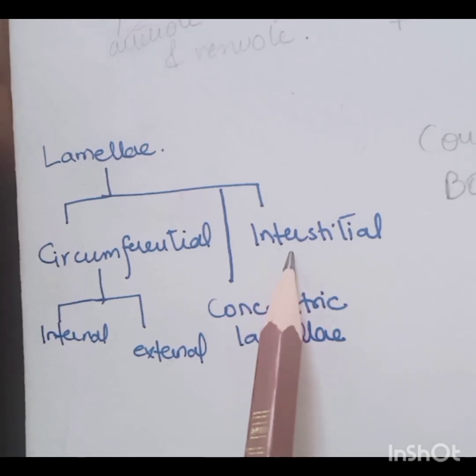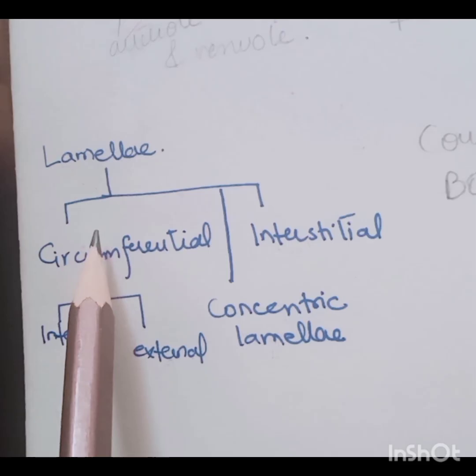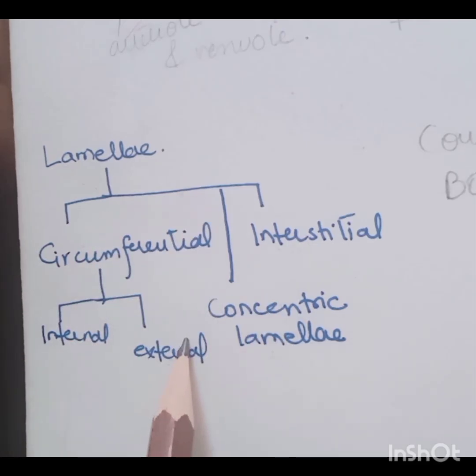They are the remnants of the old osteons, and they fill the gaps between the newly formed rims and add to the strength of the bone. The concentric lamellae add to the strength of the bone by taking up pressure or stress imparted from all sides. The internal and external ones stabilize and maintain the entire structure of the bone. So here are a few things that you should keep in mind.